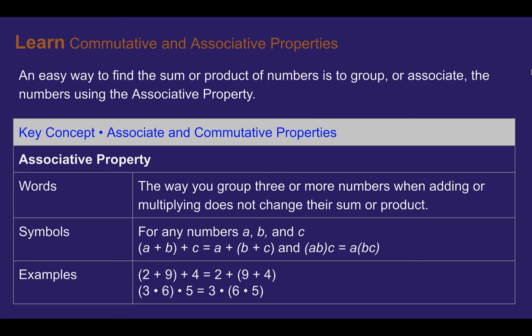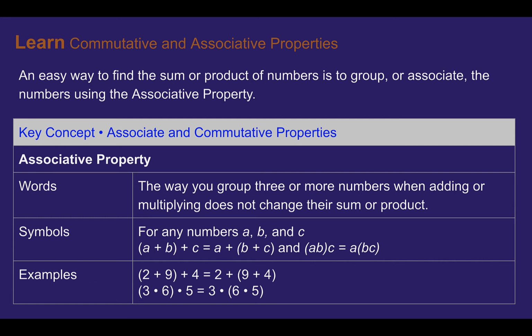Skipping ahead, let's learn about the commutative and associative properties. An easy way to find the sum or product of numbers is to group or associate the numbers using the associative property. So first, let's start with the associative property. When you are dealing with adding or multiplying, the way that you group the numbers won't change your final sum or product.